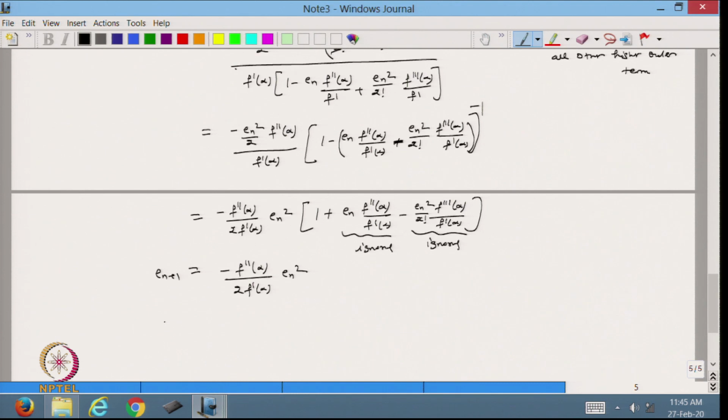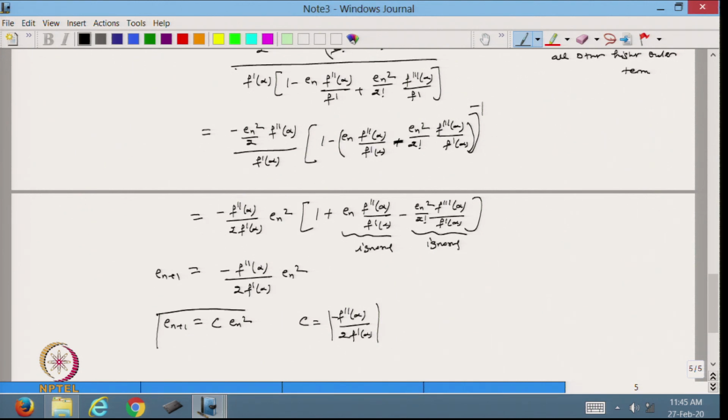So, based on this one I can write my En plus 1 is equal to some C En square, where my C I can write as f double dash alpha by 2 f dash alpha. So, that is positive, the absolute value we take.